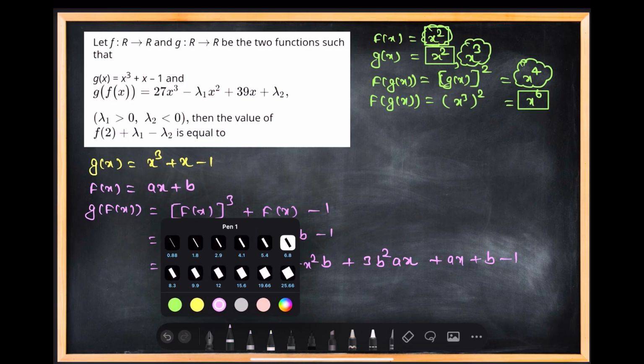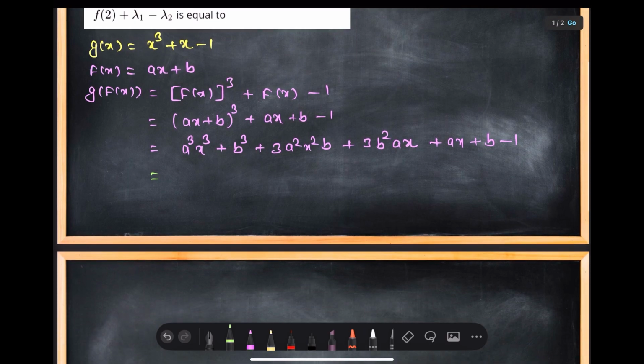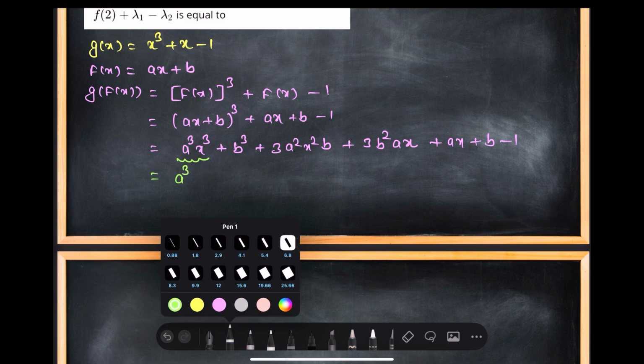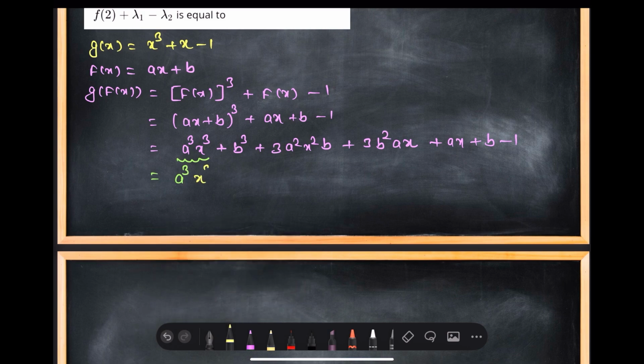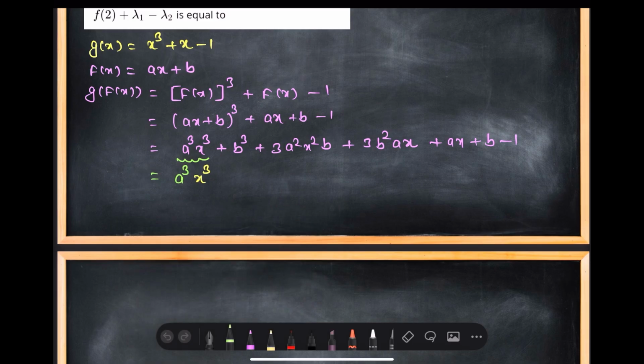I will segregate things. Means first I will write the leading coefficient, the coefficient of x cube. So we will get x cube over here only, so it is a cube x cube. Now I am writing a square. So a square is available only here. So it is 3 times, means I am writing the coefficient of x square.